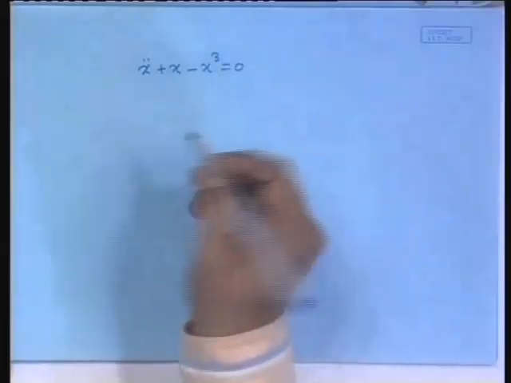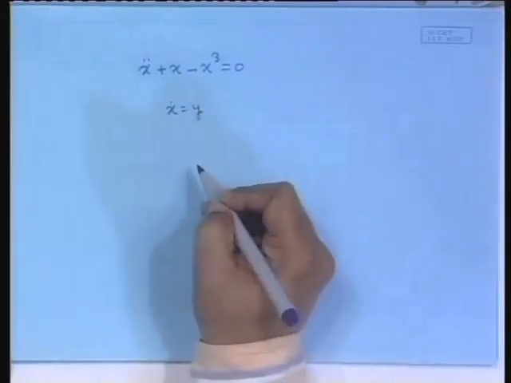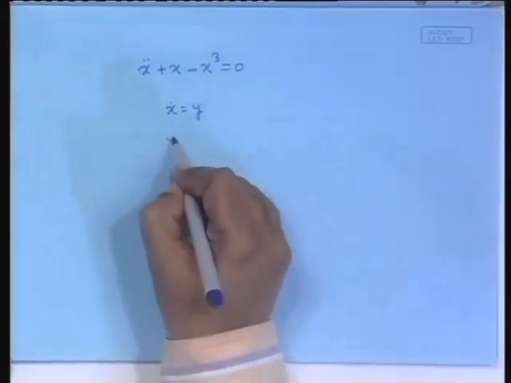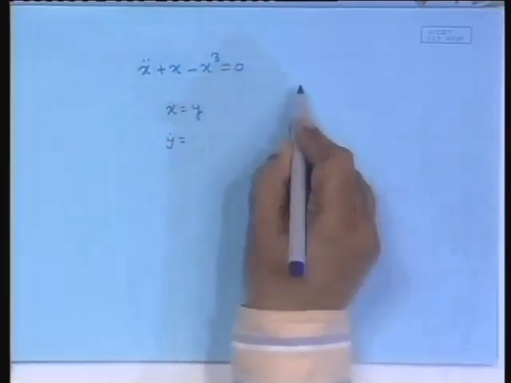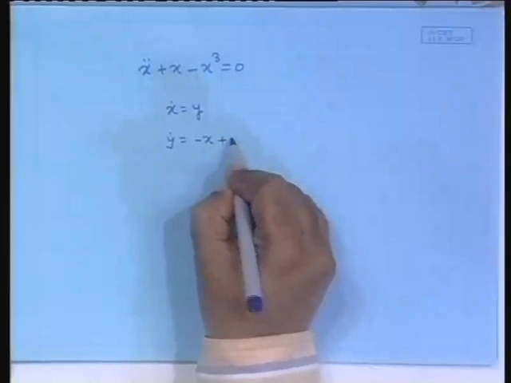So, in order to approach this problem, how will I deduce the equilibrium points? Remember, the first step is to obtain first order differential equations. In order to obtain them, just say x dot is equal to y, and then y dot is equal to, bringing this to the left hand side, minus x plus x cube.